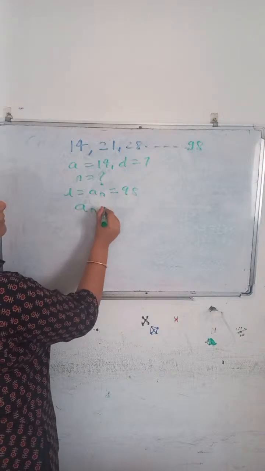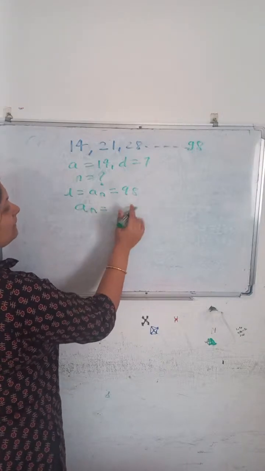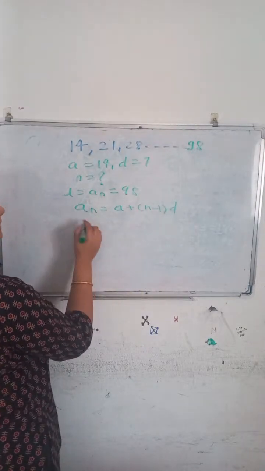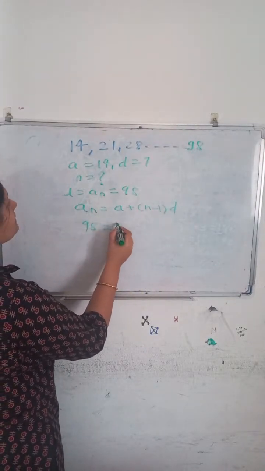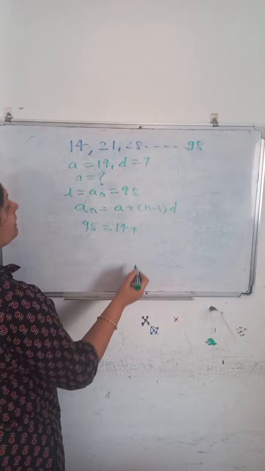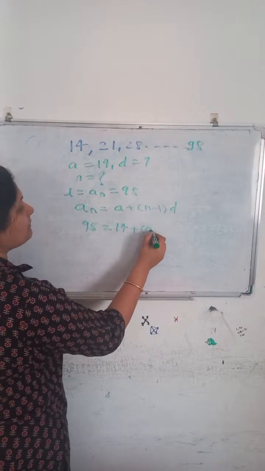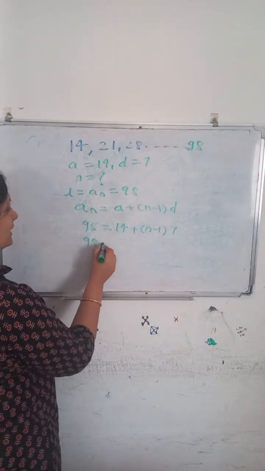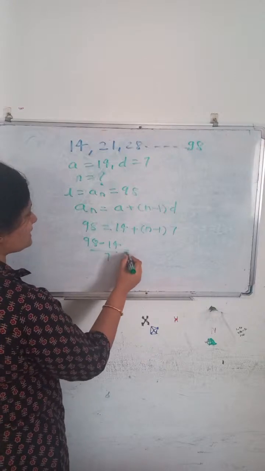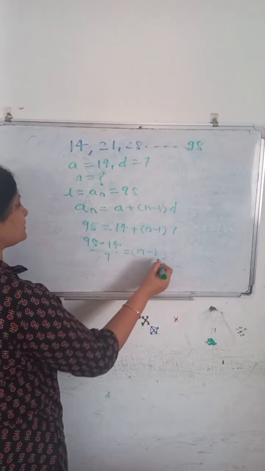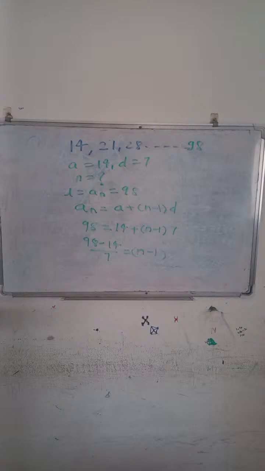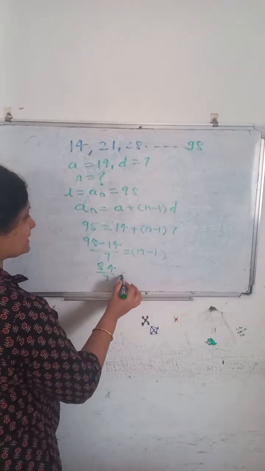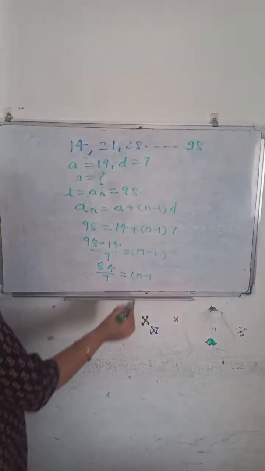So we have the formula an is equal to a plus (n minus 1) into d. So an is nothing but 98, first term we have 14, plus n minus 1, and common difference is 7. So 98 minus 14 divided by 7 is equal to n minus 1. So 98 minus 14 is nothing but 84, divided by 7 is equal to n minus 1.